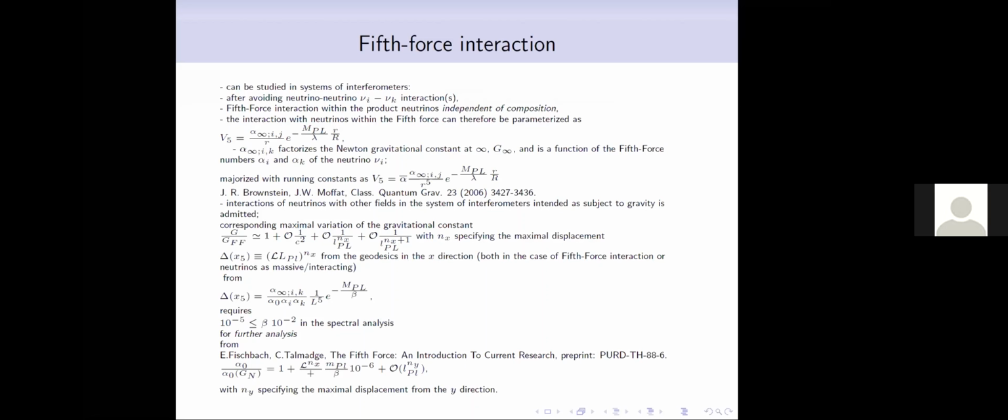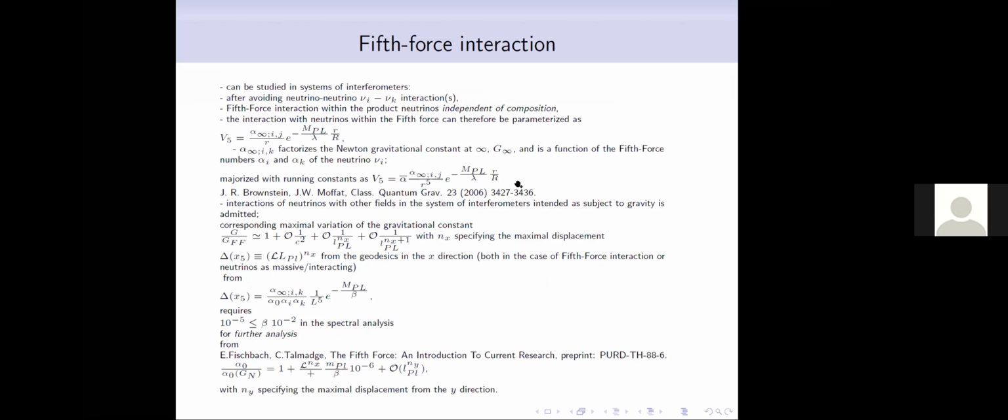And this can be done in interferometers by evaluating the discrepancies between geodesics, which a massless neutrino should follow, and the experimentally calculated possible deviations from the geodesics.